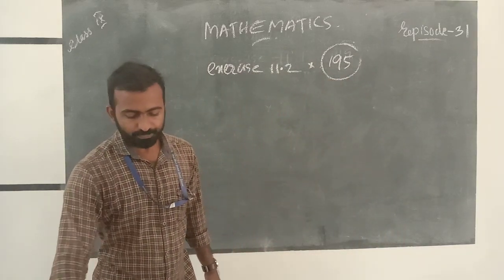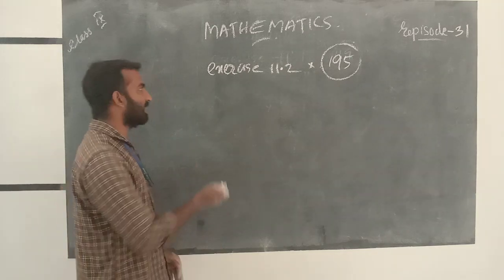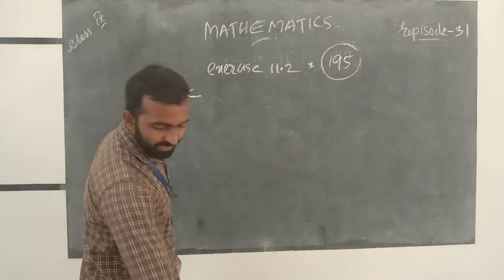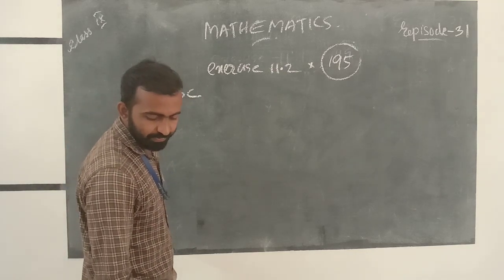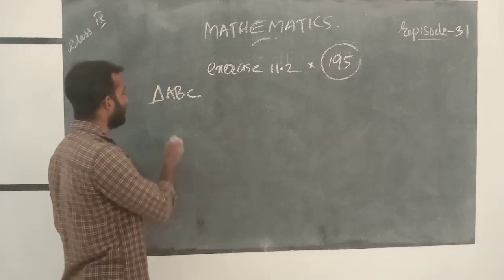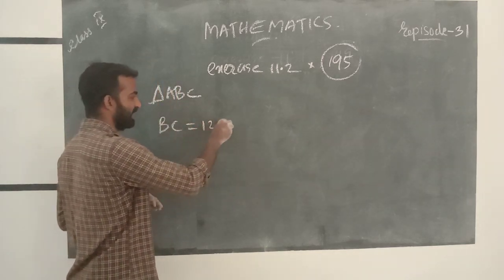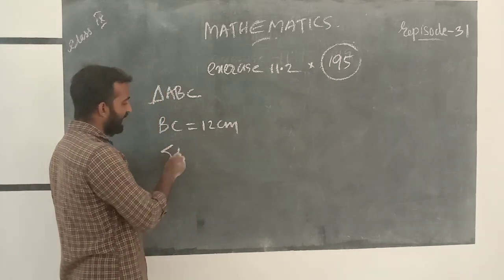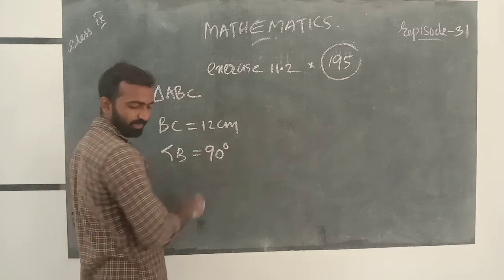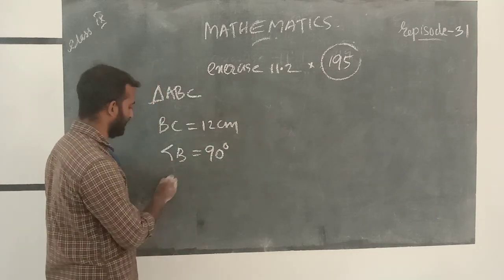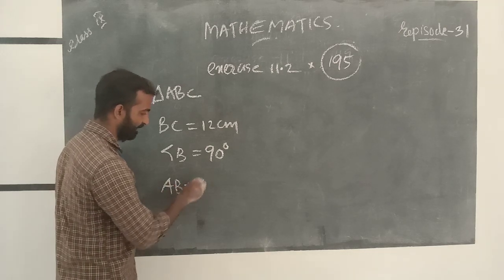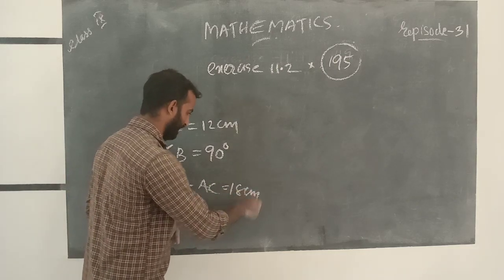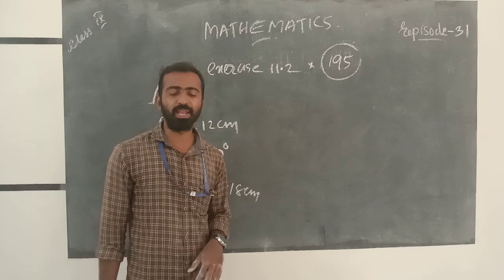That is, first is right angle triangle ABC, and base is 12 cm. That is, we take BC as 12 cm, and AB plus AC equal to 18 cm.